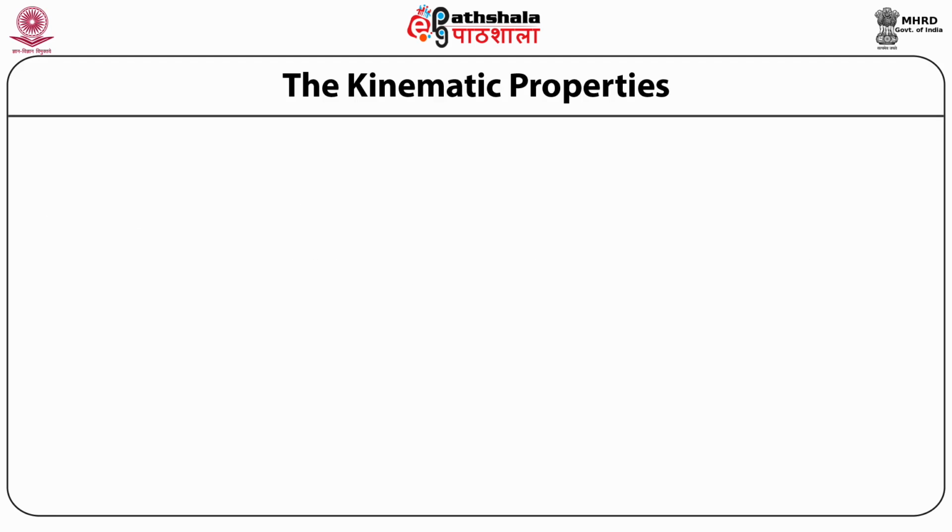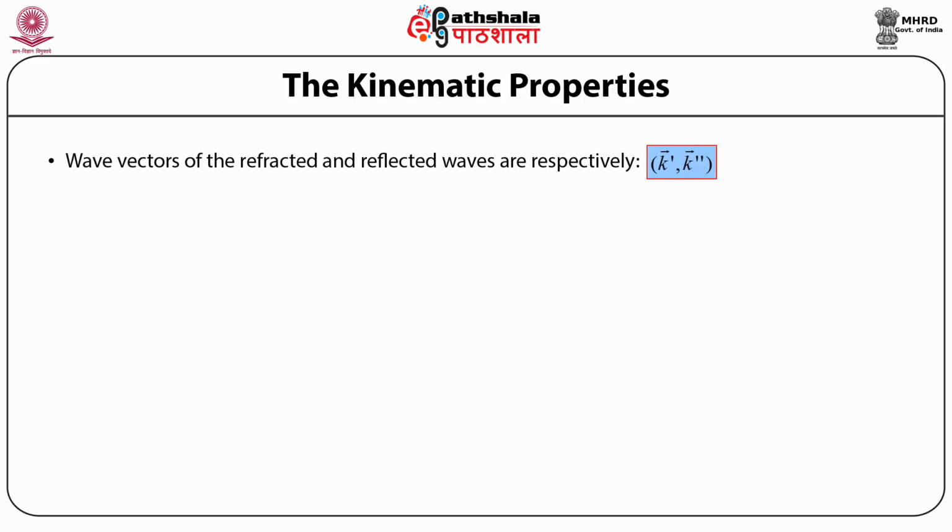Now let us define the wave vectors of the refracted and the reflected waves by k prime and k double prime respectively. The wave vector k prime represents the wave which has gone into the second medium, that is the medium above the plane z equal to 0, while k double prime represents the reflected wave, which is in the same medium as the incident wave, that is medium 1, below the plane z equal to 0.